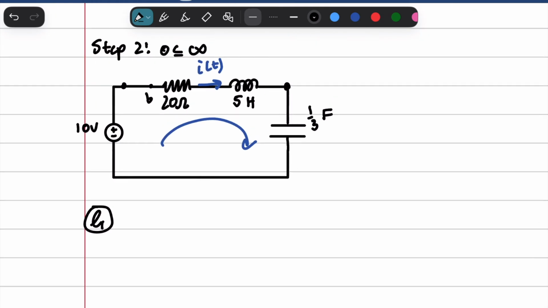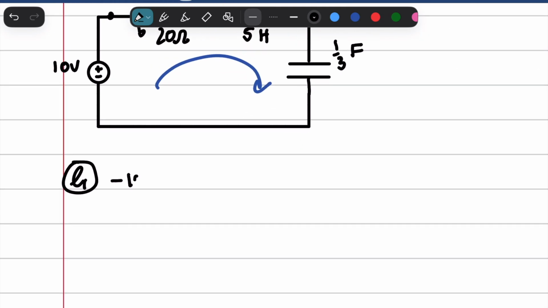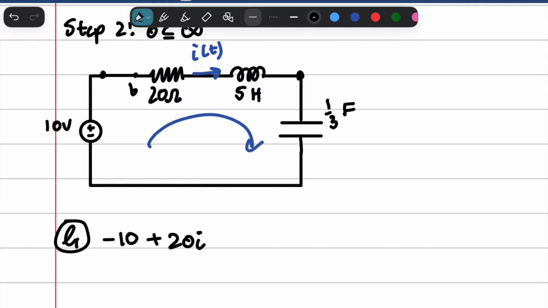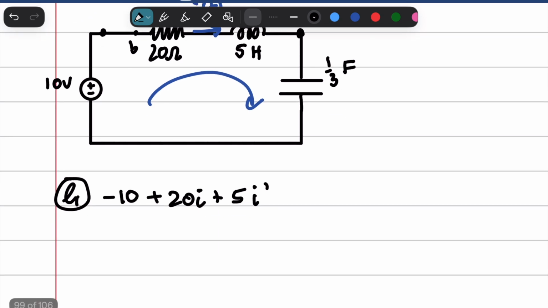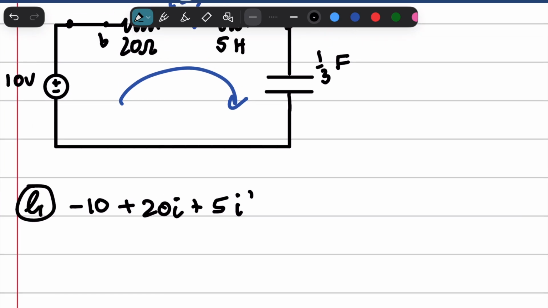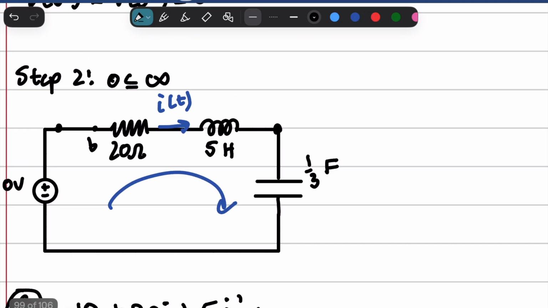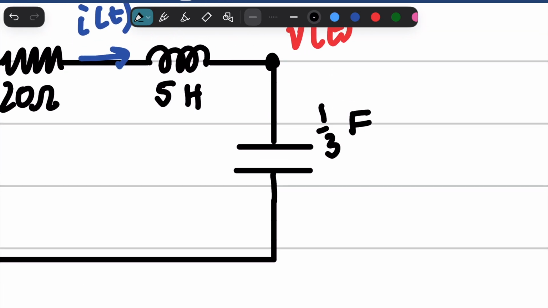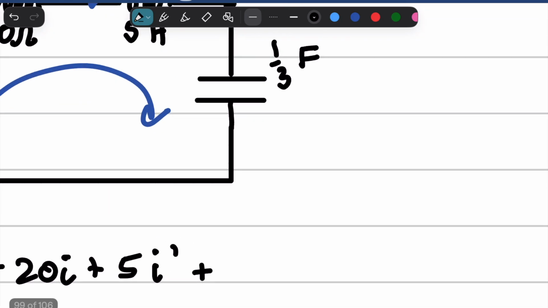solve for I. So we've got negative 10 volts plus 20I plus 5I prime, right? Remember, for an inductor, to get the voltage, it's just the derivative of the current, plus, and we have 1 over, oh wait, actually, this is not supposed to be 1 over 3, this is supposed to be 15, sorry guys.